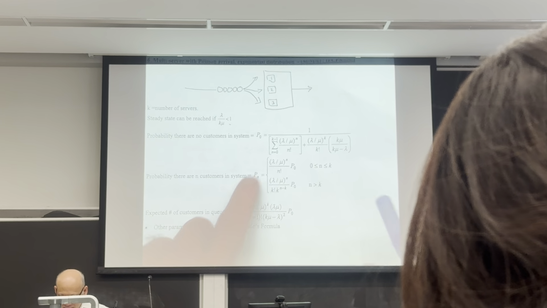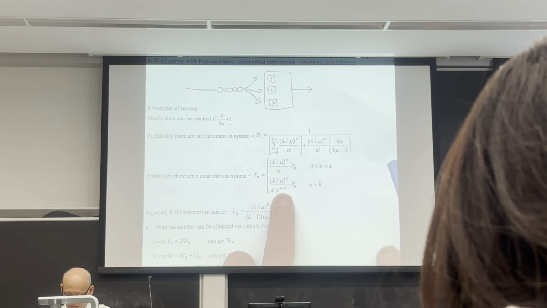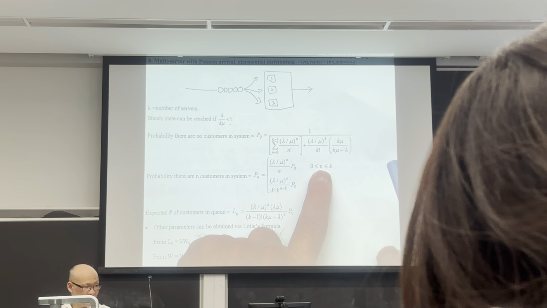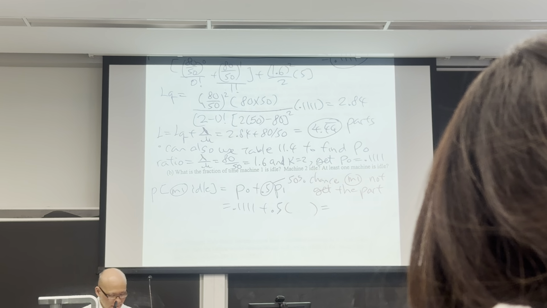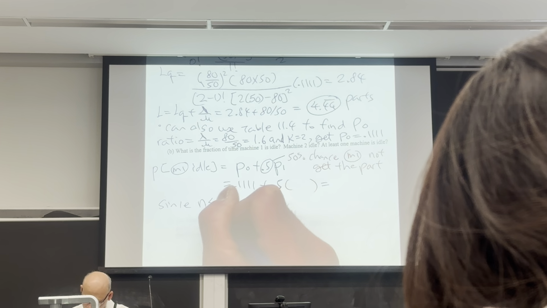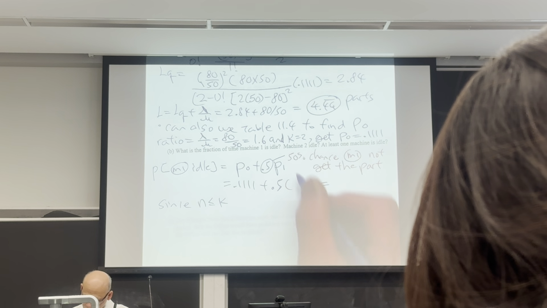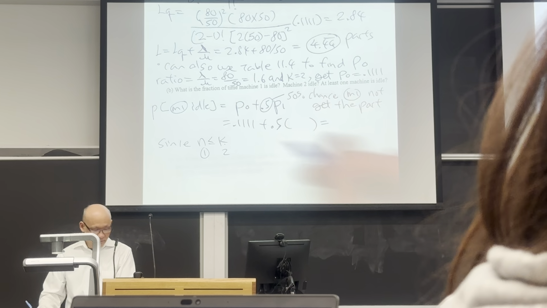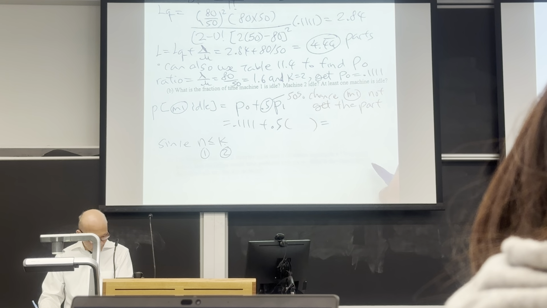To calculate P1, there's a top formula and there's a bottom formula. You use the top formula if n is less than k, and that is the case for us. Since we're calculating P1, n is 1, and k is equal to the two machines we have.